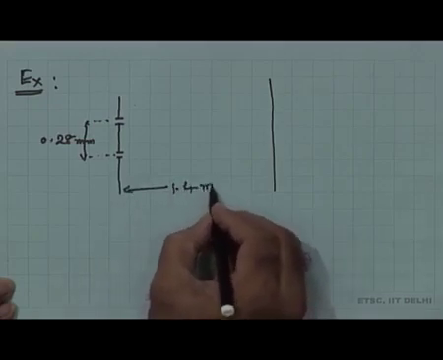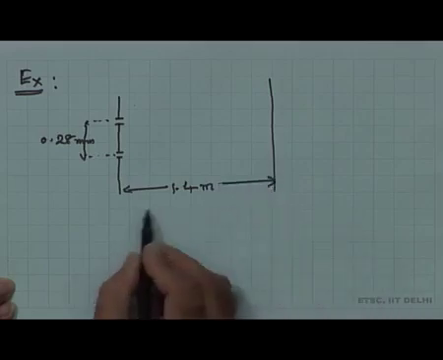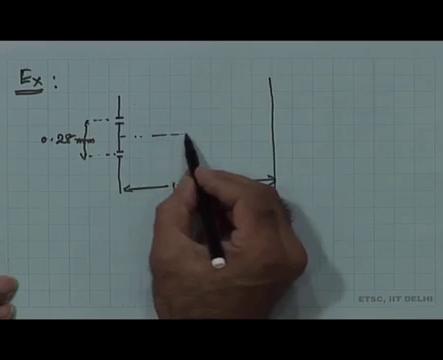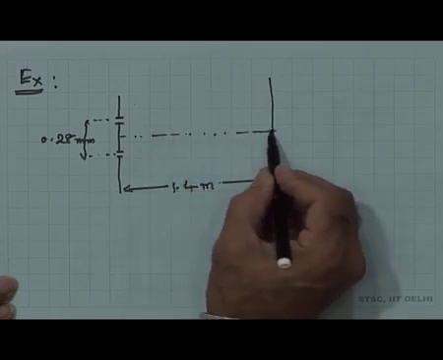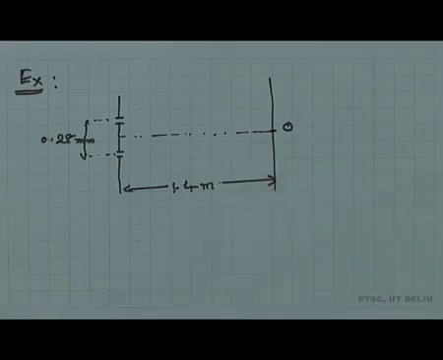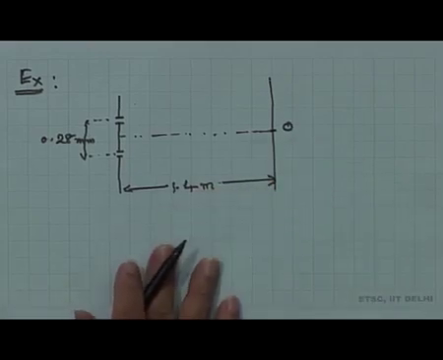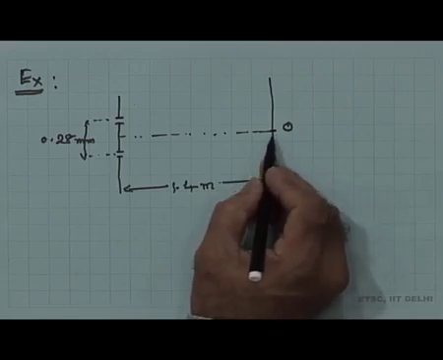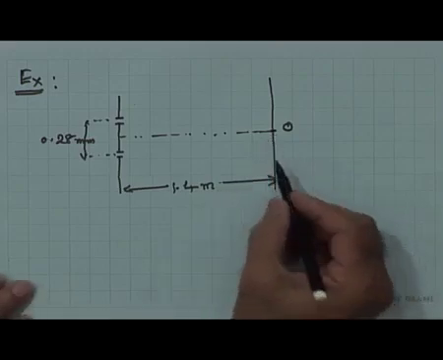We had taken a typical number of about 1 meter. So, D is given as 1.4 meters. This is the point O where the path difference will be 0. The question says further data, the distance between the central fringe and the fourth fringe is 1.2 centimeters.